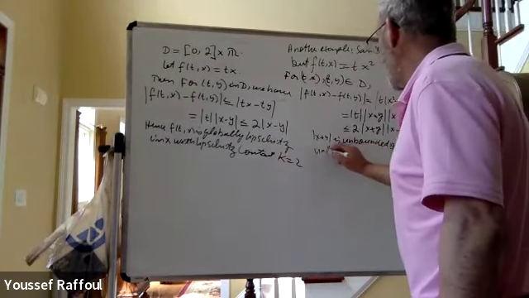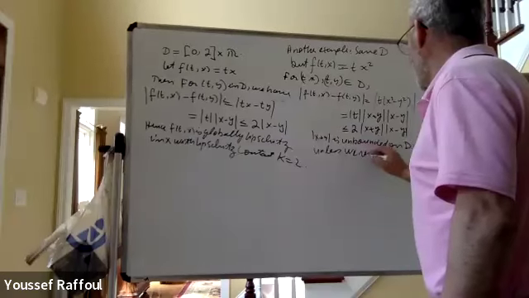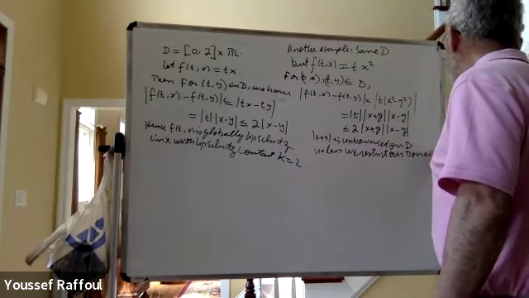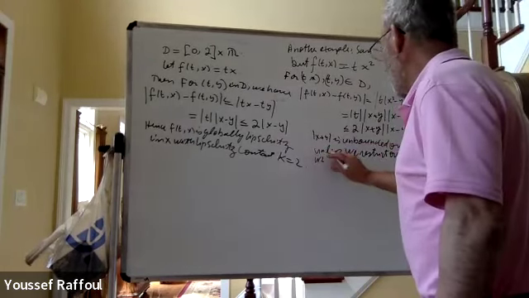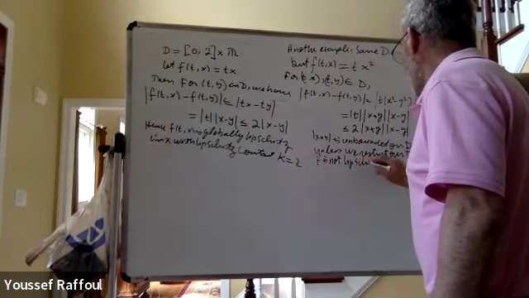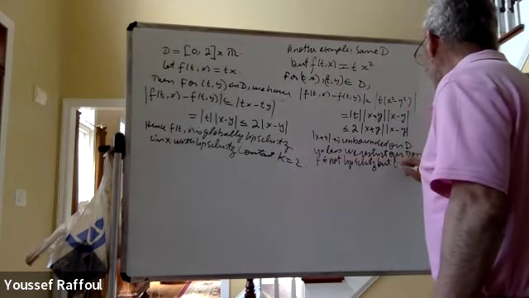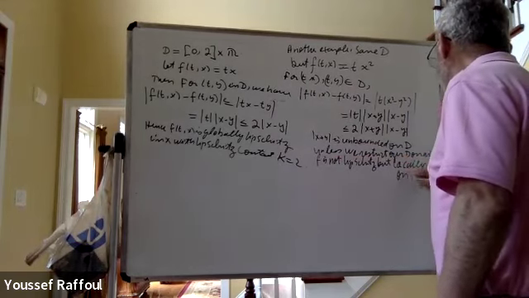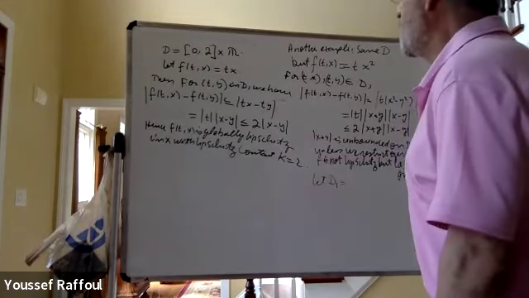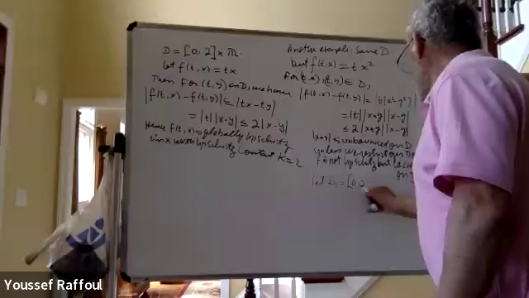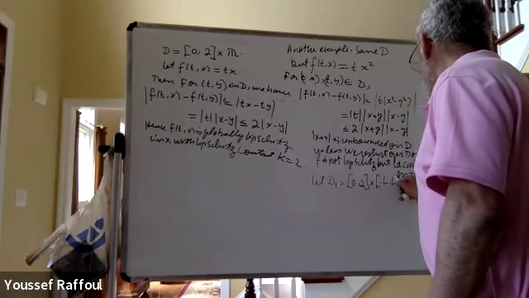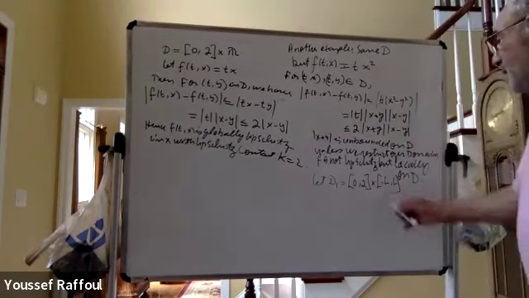And unless we restrict our domain, f is not Lipschitz, but locally on D. So let D1 be (0,2) cross (minus L, L). So I am restricting.